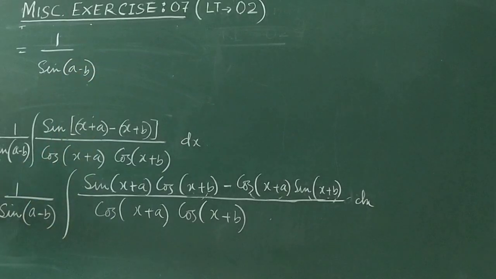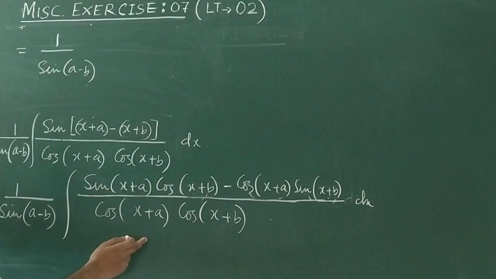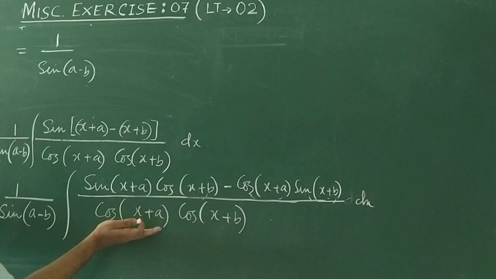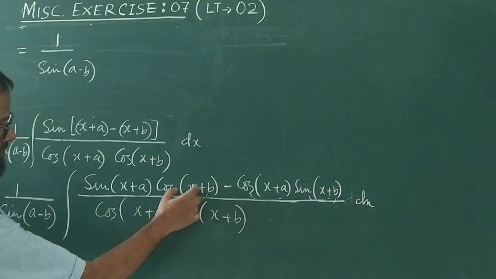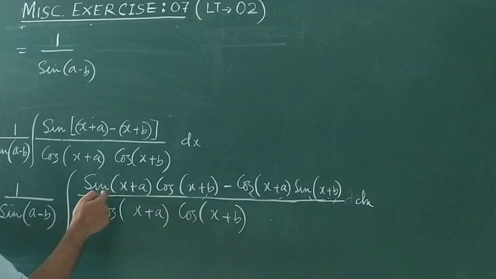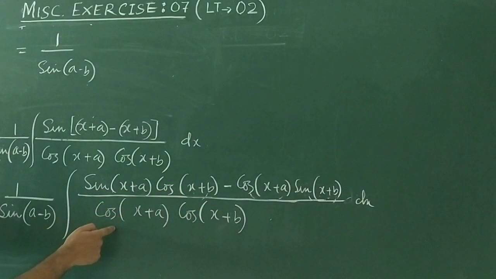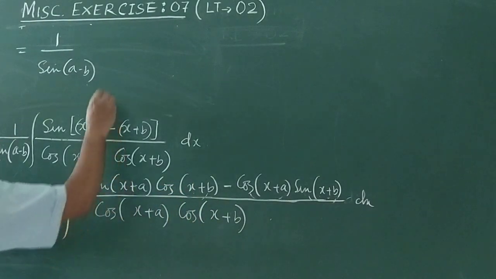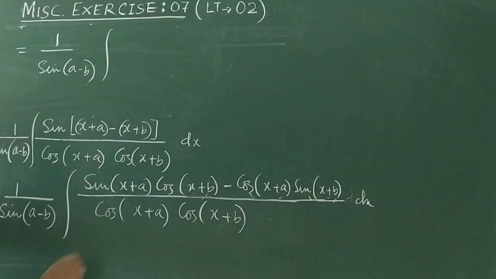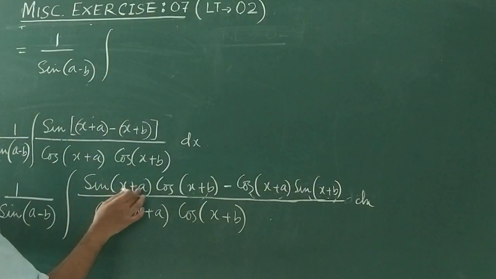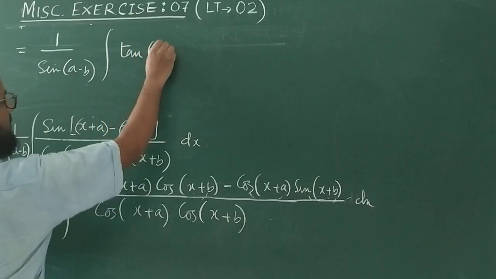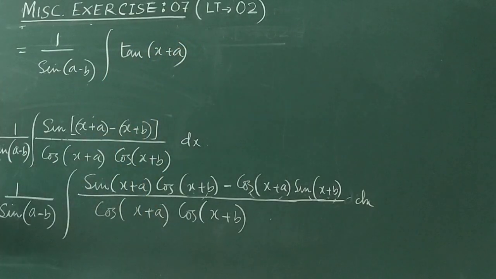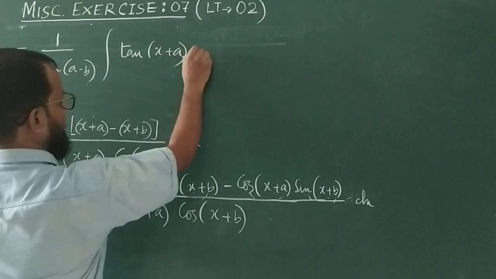One integral will be this divided by this. If we divide and separate this, what will happen? See, cos(x + b) and cos(x + b) will be cancelled. What will remain is sin(x + a) divided by cos(x + a), which is equal to tan(x + a). This is one integral into dx.